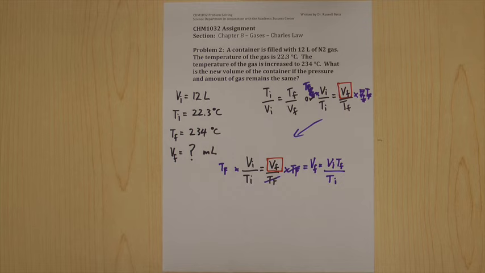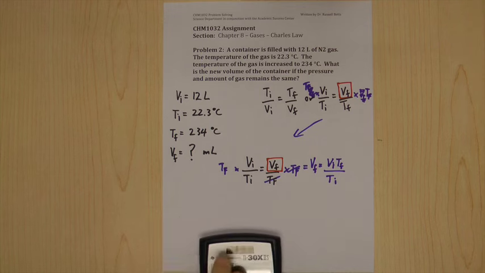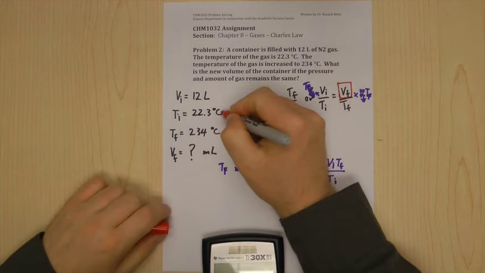All right, so now, the next thing you have to do in these kinds of questions is convert the temperatures to Kelvin if they're not already in Kelvin. So here we have temperatures in degrees Celsius, so we're going to just convert these things right quick to Kelvin by adding 273.